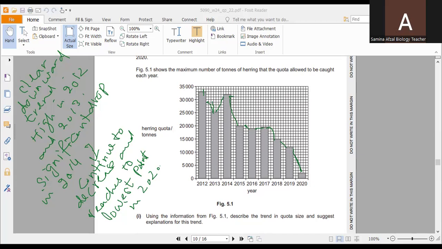So, a suggested explanation for the trend. There can be some reasons by which we can say there is a decline in the population of these herrings. The first can be environmental changes.